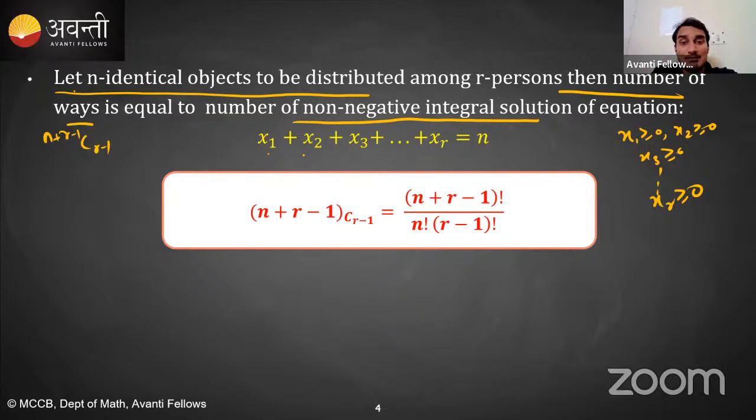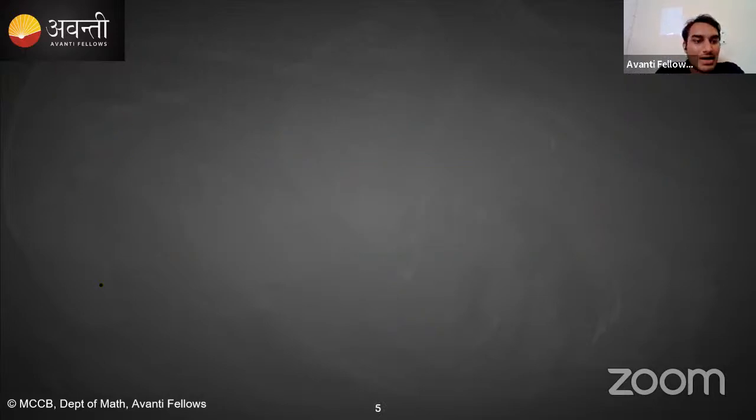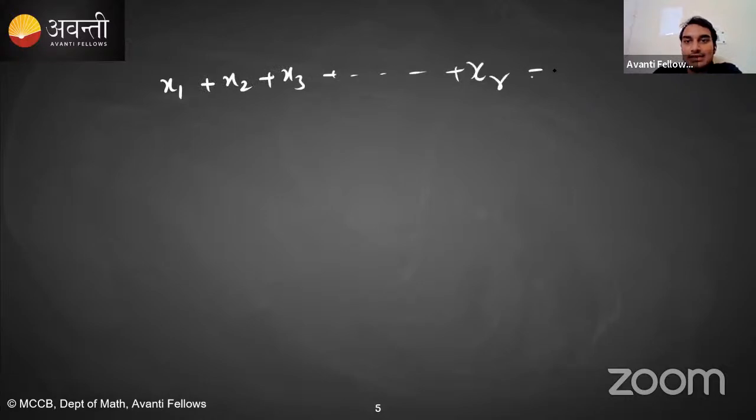Now we will see why the number of non-negative integral solutions of this equation is equal to n plus r minus 1 C r minus 1. It's quite simple to understand. Let's say x1 plus x2 plus x3 and so on up to xr is equal to n, and all the x have to be non-negative integers.